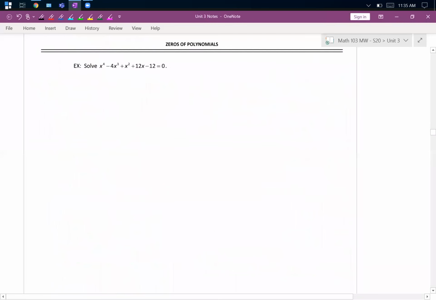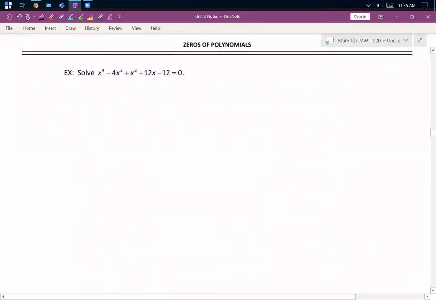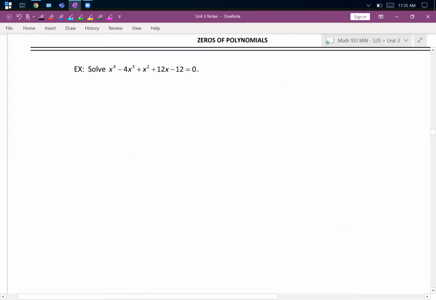All right, so we got a couple more of these here. So the next example, the directions are just solve. So here, you don't have to make the chart for Descartes' rule of signs. You don't have to list out your entire list of possible rational zeros. If you want to, because you feel like it gives you guidance, well then great, you should use that. I would definitely not make the chart unless I got stuck and couldn't figure out what to do.